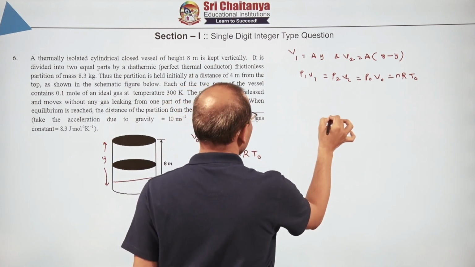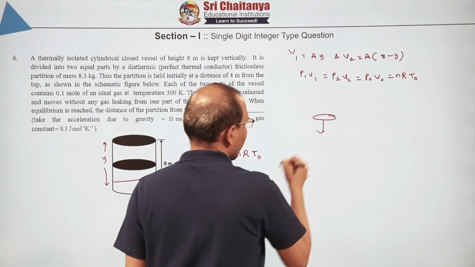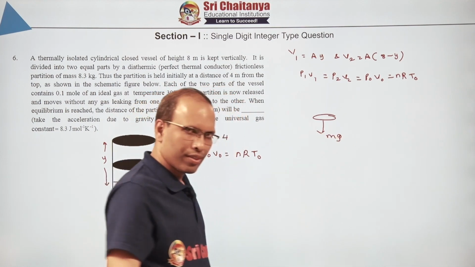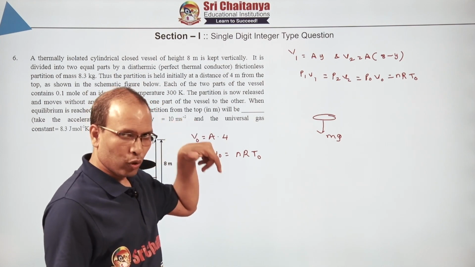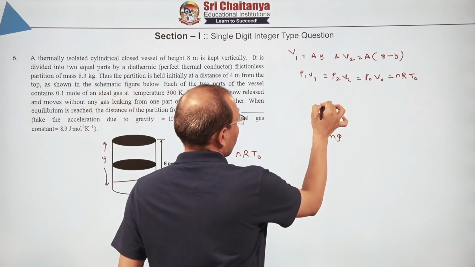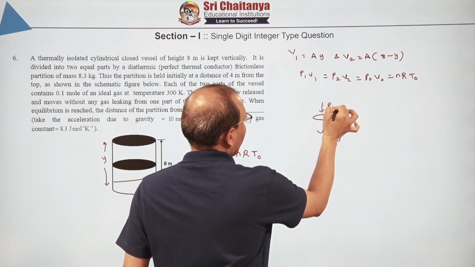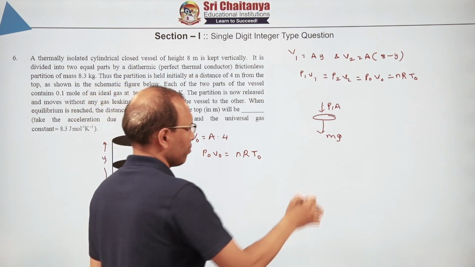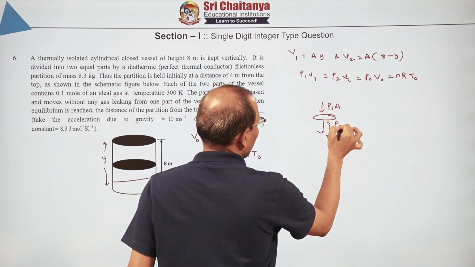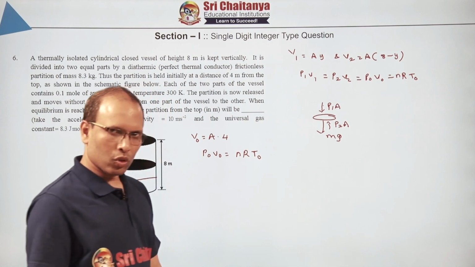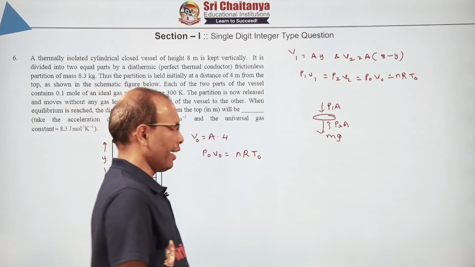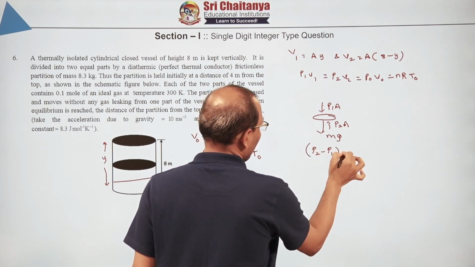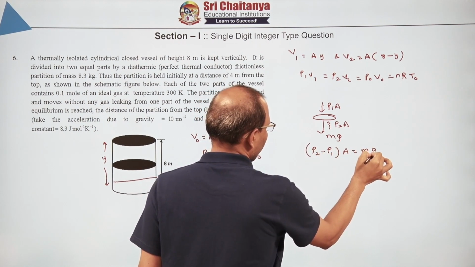Now if you see the equilibrium of this partition, the forces acting on it are mg downwards. Pressure from top is exerting a force on this, that is P1 into area, and pressure at the bottom is exerting a force in the upward direction, that is P2 into area. So we can write the relation as P2 minus P1 into area is equal to mg.